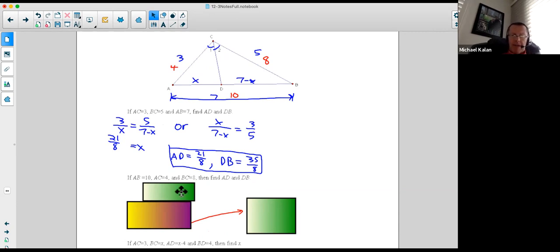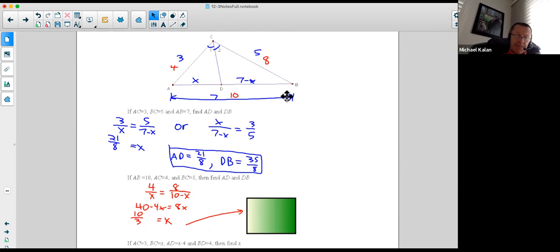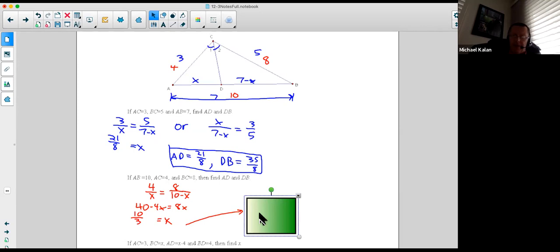All right, I'm back. So let me uncover here. One way that you could have set it up would have been 4 over X equals 8 over 10 minus X. And then you would have cross multiplied: 40 minus 4X equals 8X. And then obviously you would eventually end up getting 10 over 3 for X, right?